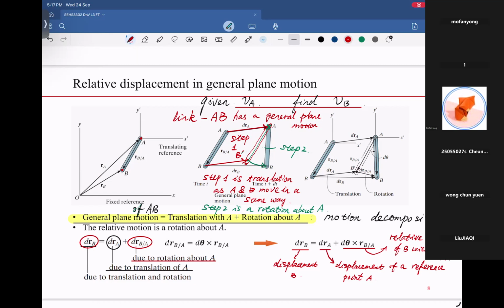So totally there are three parts. We want to study point B's motion, and point B's motion has two parts. Firstly, it's the reference point's motion. Secondly, it's the relative motion about the reference point.